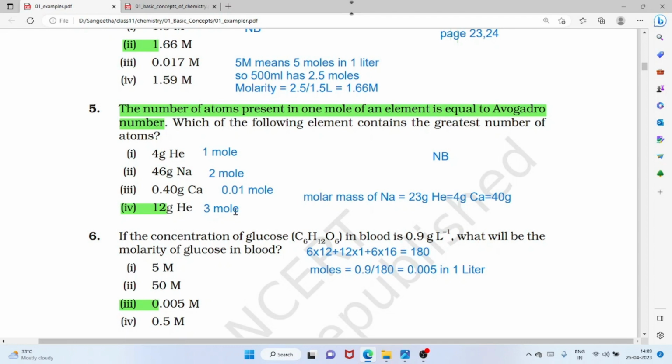So these 3 moles are there. 1 mole will have the Avogadro number of atoms. So this will have more number of atoms.